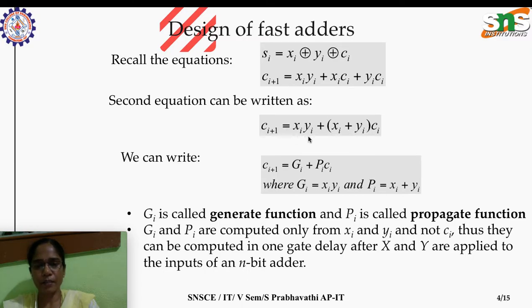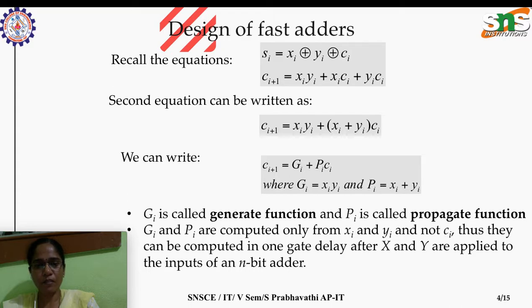xi yi plus, you could take the ci common outside and place it here, xi plus yi. Here we are replacing xi yi as gi and xi plus yi as pi, where gi is the generate function and pi is the propagate function.